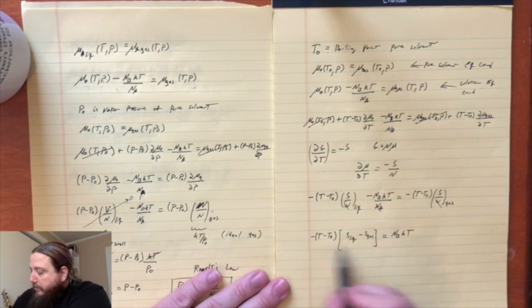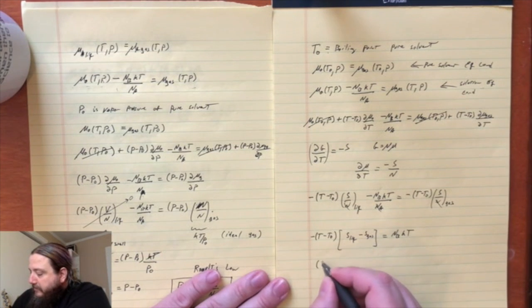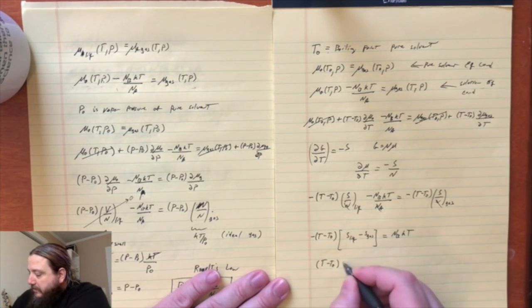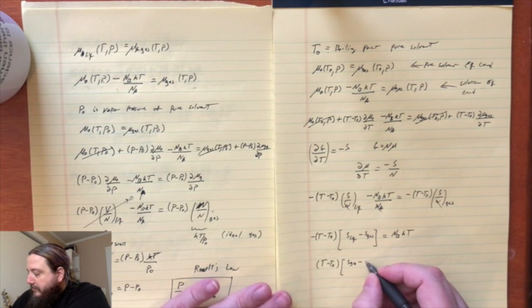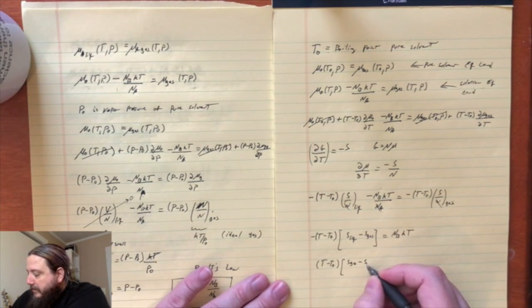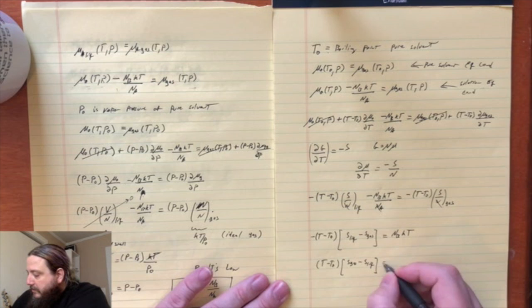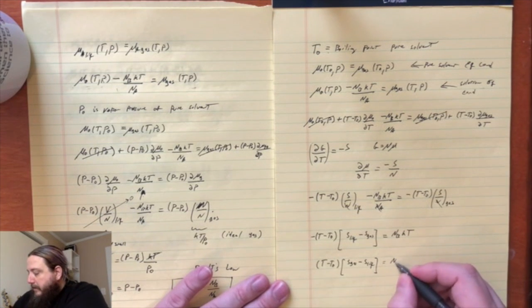And we're going to suck that minus sign on the inside, so (T minus T naught) times the entropy in the gas phase minus the entropy in the liquid phase equals N_B kT.